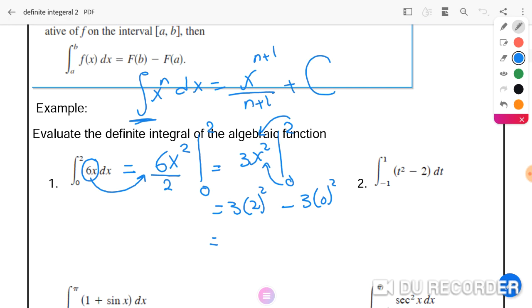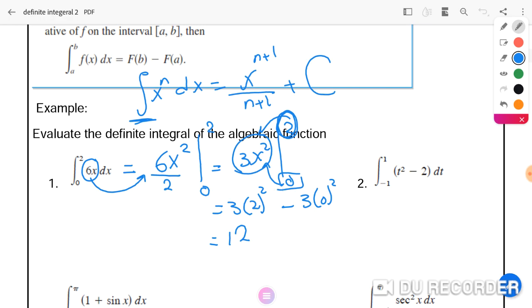So your answer will be 3 multiplied by 4, which is 12. Don't forget, I have to replace by the upper limit first in the antiderivative, minus the value of the antiderivative at the lower limit of integration.